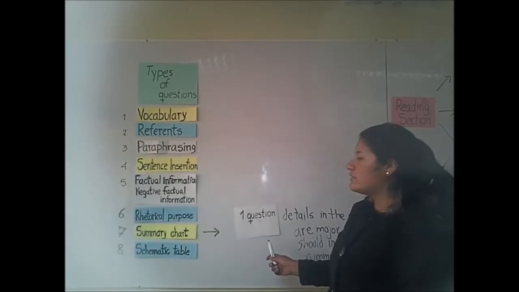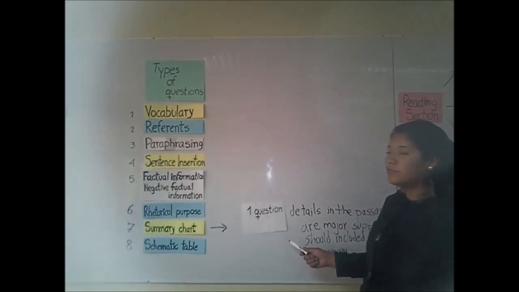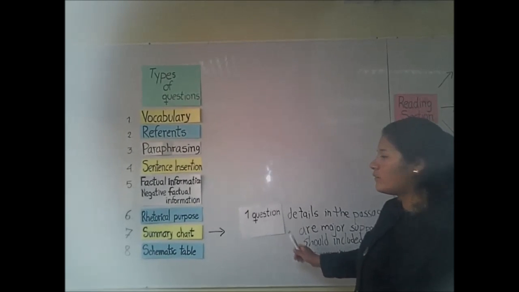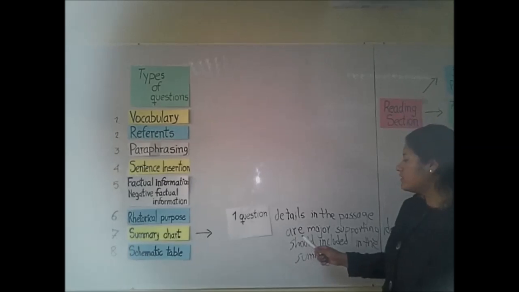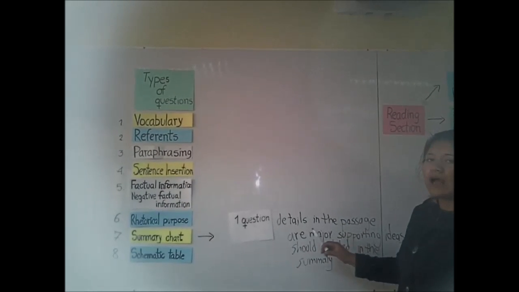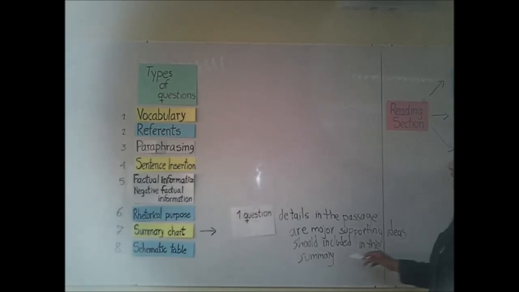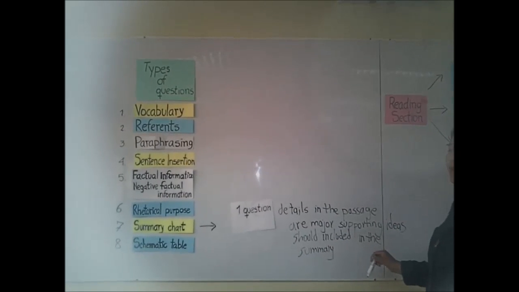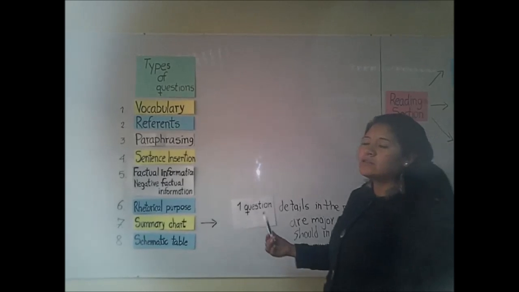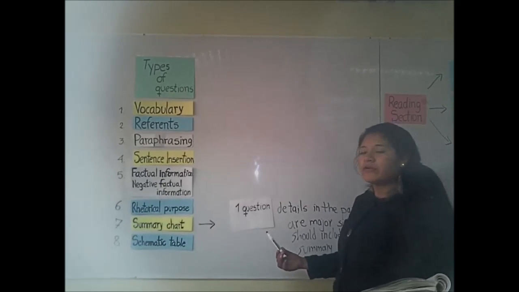There is another type of question in the TOEFL test that we have as one question for each passage. It is to determine which details in the passage are major supporting ideas that should be included in the summary, also the minor and major supporting ideas of each paragraph.